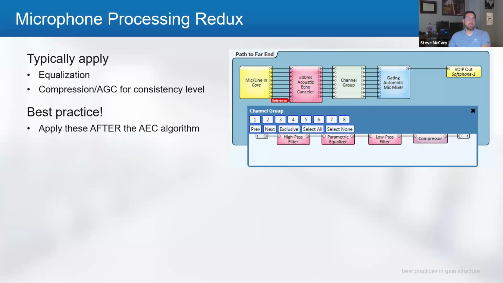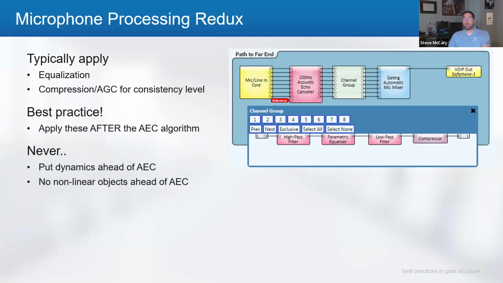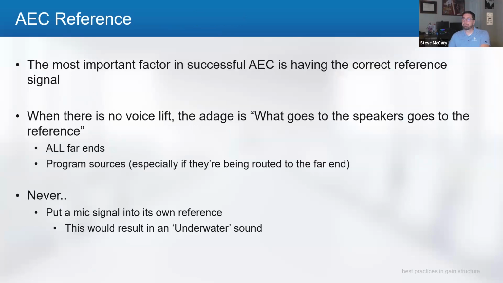The reason for that is the AEC block needs to hear directly what's coming in off the microphone. And we also want to make sure that our reference is hearing exactly what is coming out of the speakers. So do not put dynamics or nonlinear objects ahead of the AEC.